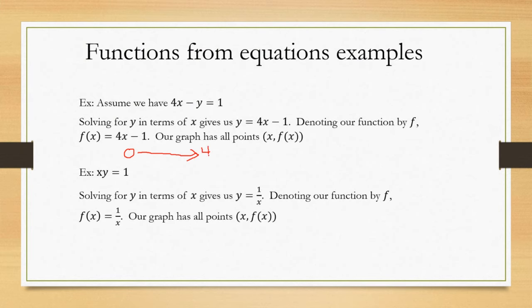But if we do 4 times 0 minus 1, what do we get? We end up with negative 1. So in other words, f of 0 is negative 1.